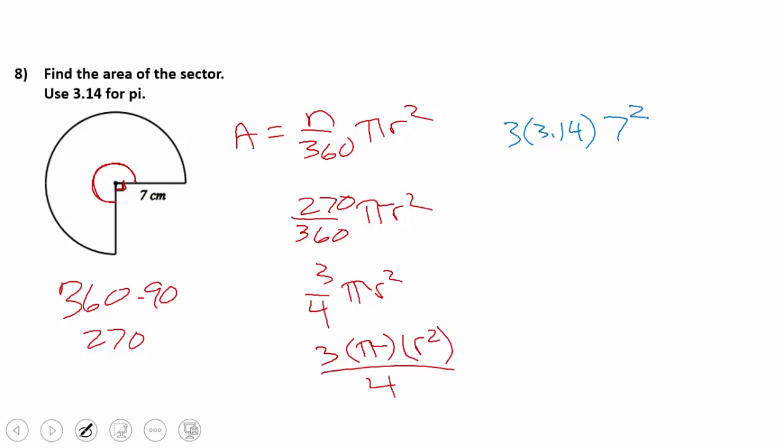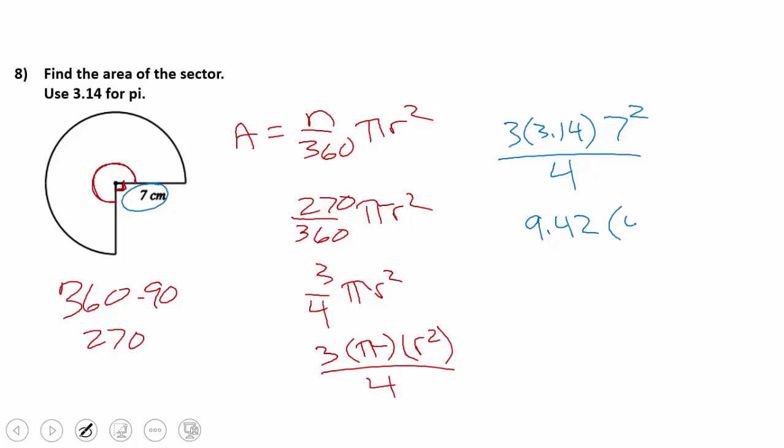Now, notice it's 7. I could use 22/7, but then I would have a fraction inside the fraction, and it gives me a complex fraction that's too difficult. In this particular case, I would just use 3.14, and then I'm dividing by 4. Doing the math, 3.14 times 3 is 9.42.